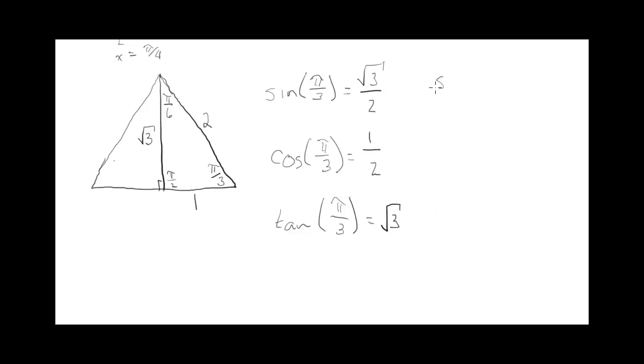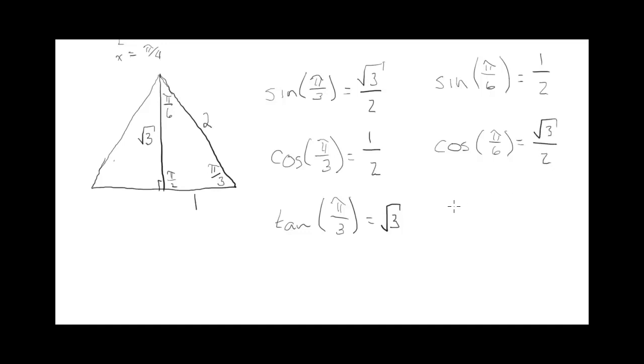And then you can do the same thing for pi by 6. The sine ratio of pi by 6 is, so the pi by 6 is up here, so the opposite side is 1 over the hypotenuse, which is 2. The cosine of pi by 6, the adjacent side to pi by 6 would be root 3 over the hypotenuse, which is 2.